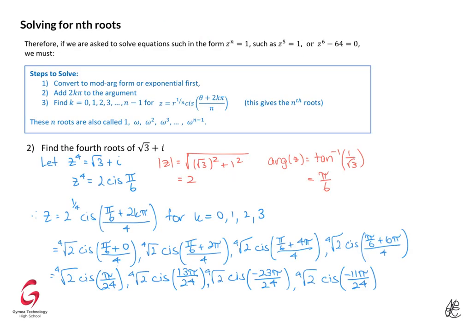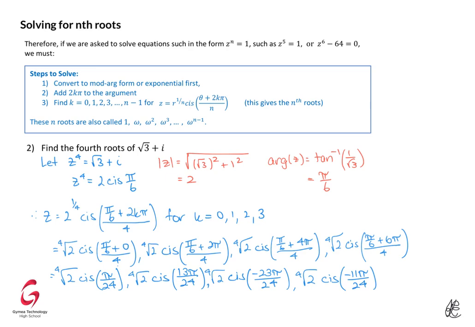So we can see here that this gives us some general theory for when we're trying to solve either complex roots of unity or even just for the nth roots of a polynomial equation where we've only got the leading term and the constant value on the right hand side.